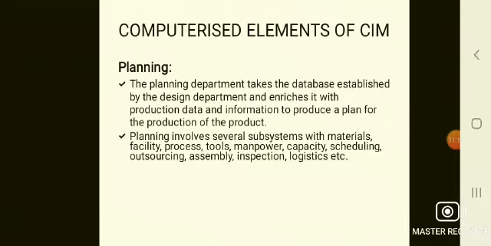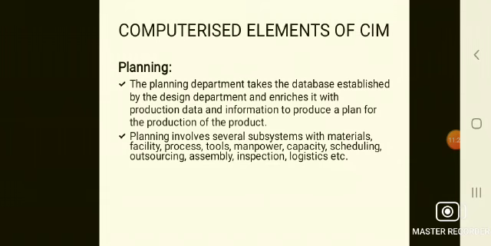Next, planning. The planning department takes the database established by the design department and enriches it with the production data and information to produce a plan for the production of the product.